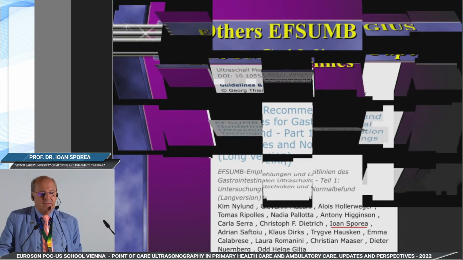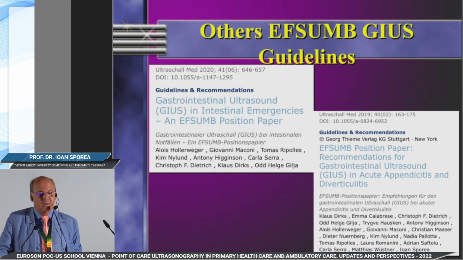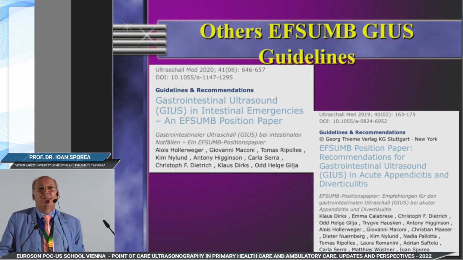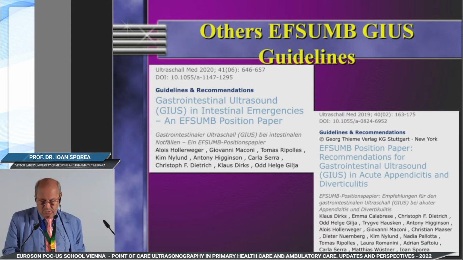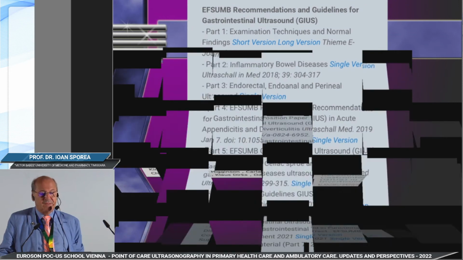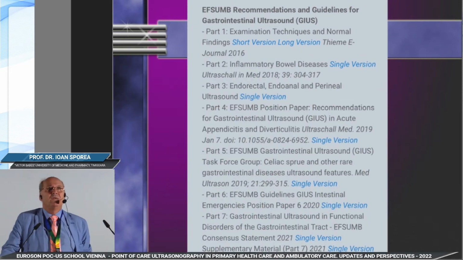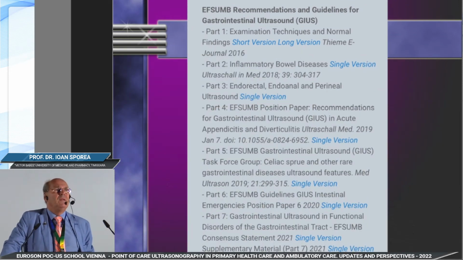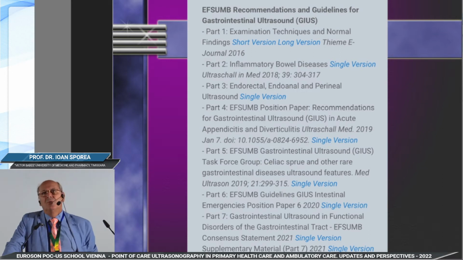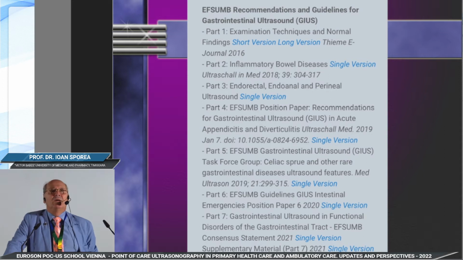Then you can have this about emergency, intestinal emergency, and you can have this in acute appendicitis or diverticulitis. Then you have all that you need for your activity. And finally, there are 7 guideline recommendations, and you can have all of these. Please read this paper, this guideline, if you would like to learn how to do the examination and what you can obtain. And if you practice, you can be good in this field.